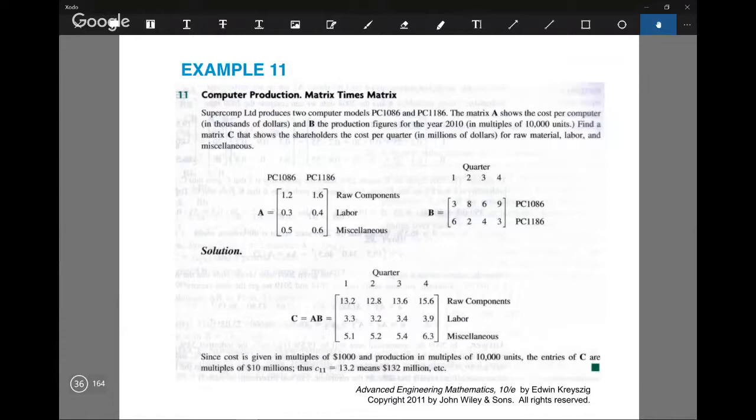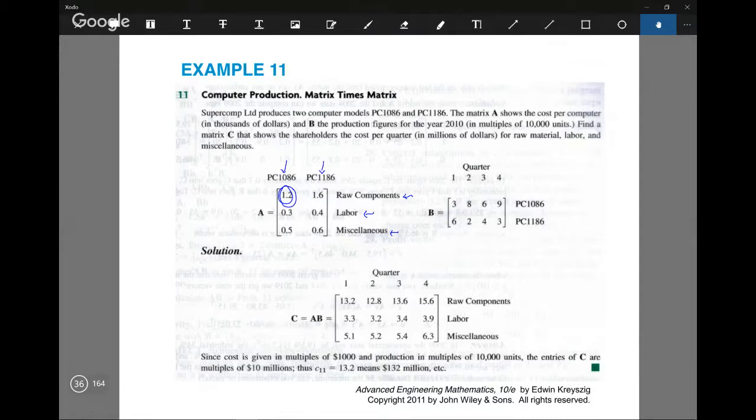So here's one example. Suppose a factory makes 2 types of computers, and it requires 3 types of ingredients to make a computer. And these are the costs of making a computer. So the cost of raw components for this type of PC is 1.2 times 10,000.